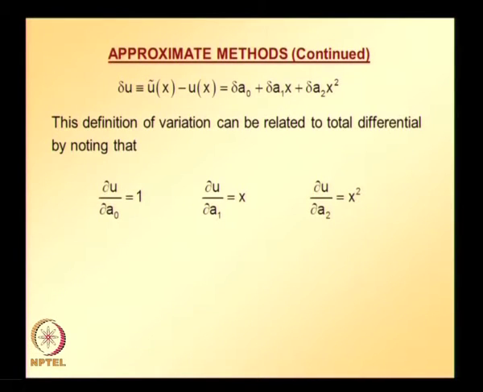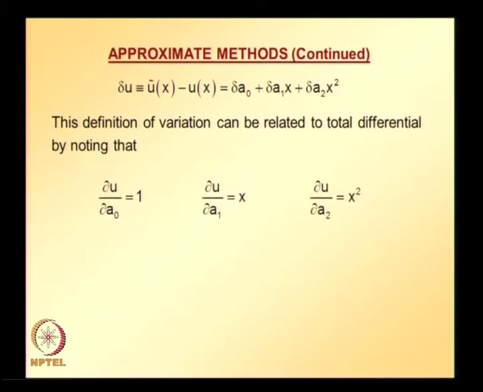So, if you substitute this information into the first equation, that is the variation of u is equal to delta A naught plus delta A1 x plus delta A2 x square, the coefficient of delta A naught is 1. So, I will replace 1 with the partial derivative of u with respect to A naught. The coefficient of delta A1 is x, so replace it with the partial derivative of u with respect to A1.